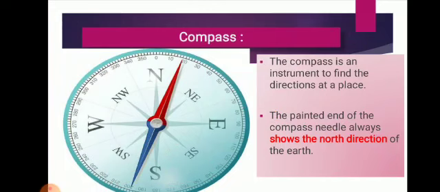The needle of the compass always comes to rest along the north-south direction. The north pole of the needle is painted with a different color to distinguish it from the south pole. So it helps people to find their way. We will now discuss why a freely suspended magnet always points in the same direction, that is, the north-south direction.